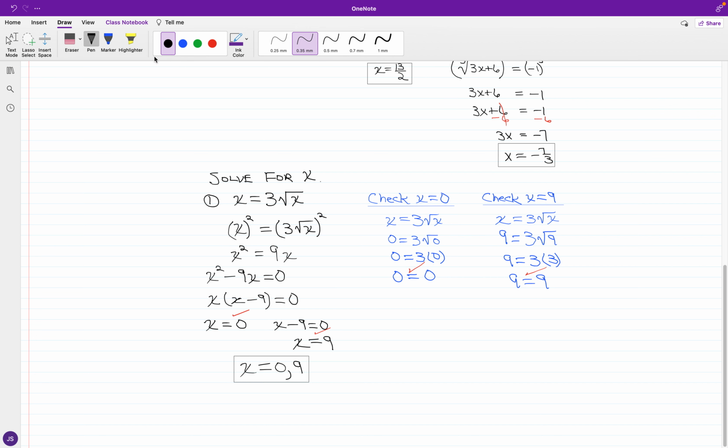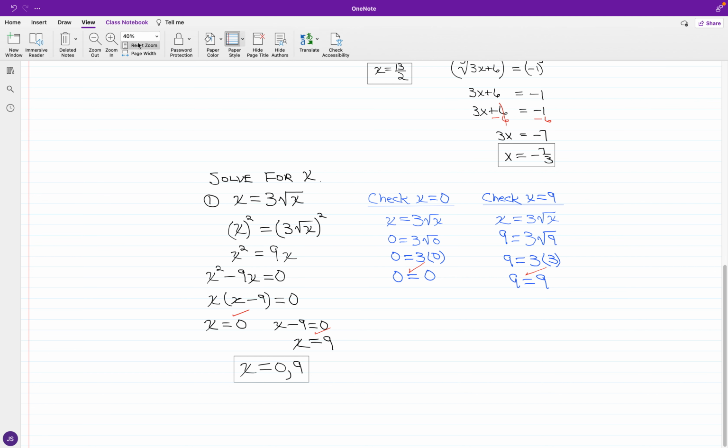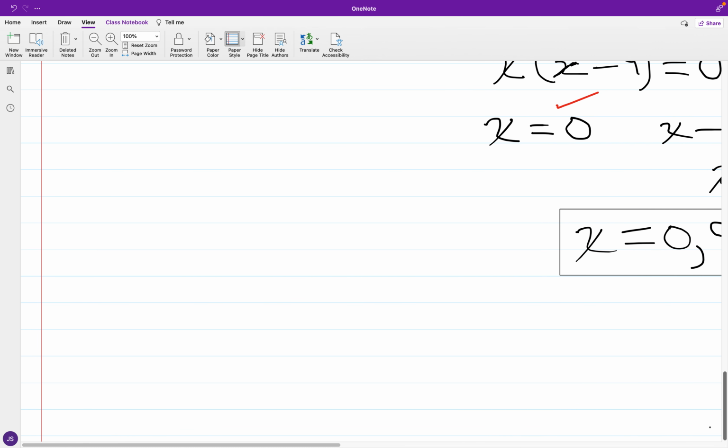Let's say we have another situation where x appears twice, and we have x is equal to 2 times the square root of x minus 1.